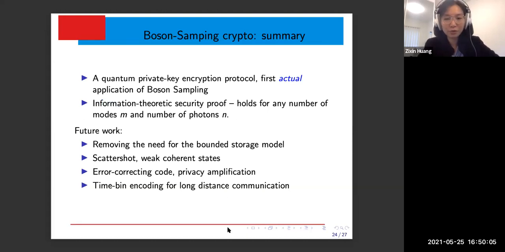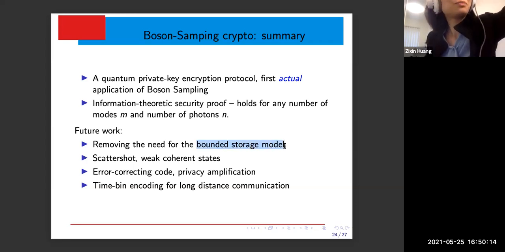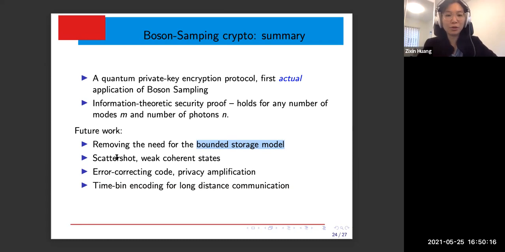So in the future, there are a couple of things which we might want to look at. We might want to remove the bounded storage model assumption. Scattershot or weak coherent states might also work, and we might look at how to do classical error correction, privacy amplification, and so on.